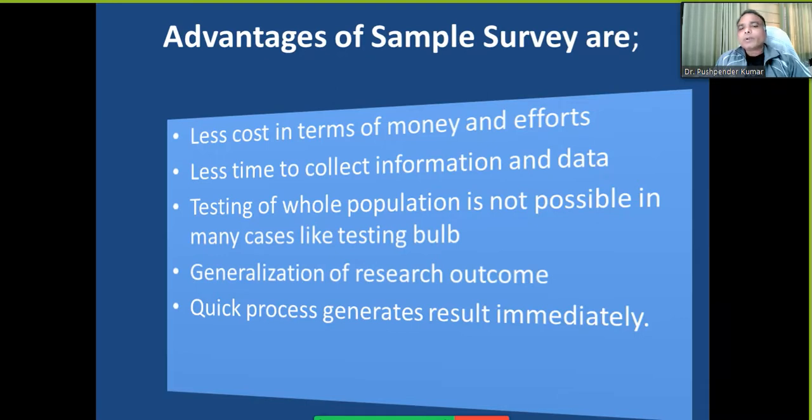And this is a quick process, it generates results immediately. If you go for the whole census, the whole population, it would not be easy to collect information from each and every individual, and it would be a very lengthy process. Take the example of Delhi University students and teachers.